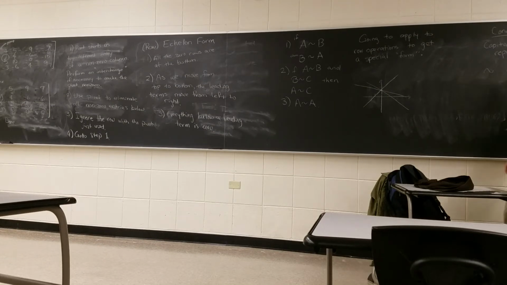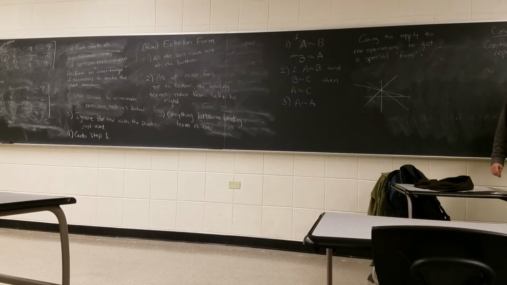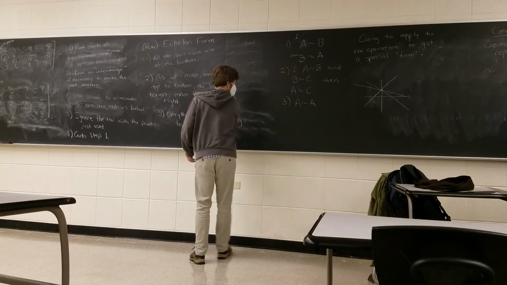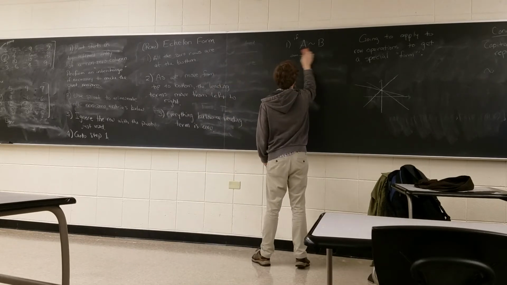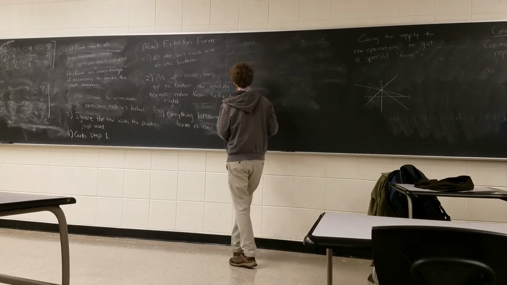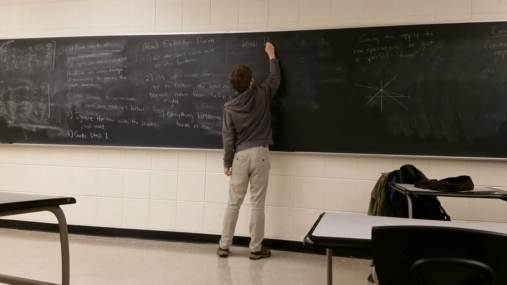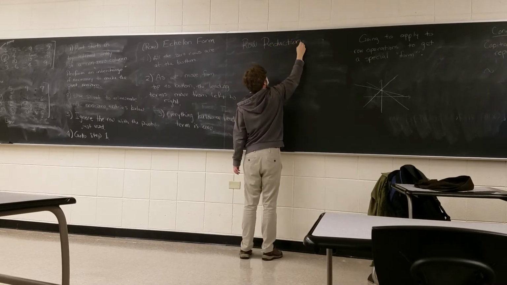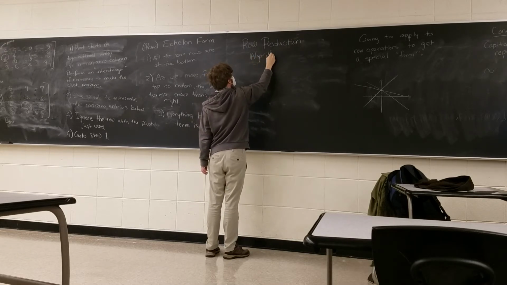Okay, so this is, what did they call this? This is the row reduction algorithm. I'll use the same terminology. So the algorithm which is described is called the row reduction algorithm.